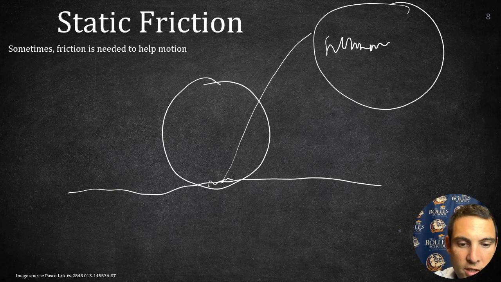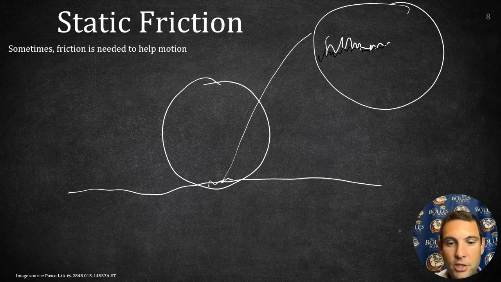So you have the ridges of the tire, and then you'll have the ridges of the road. And those ridges are in contact with each other, and it's really hard to overcome them. The harder it is to overcome them, the greater the coefficient of static friction is. It means there's more friction. Once you start overcoming them, then you start sliding.